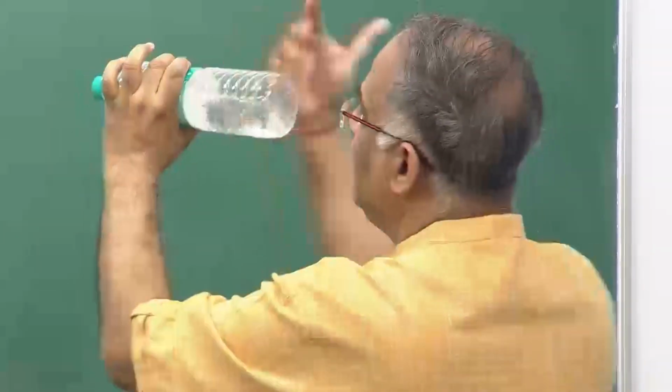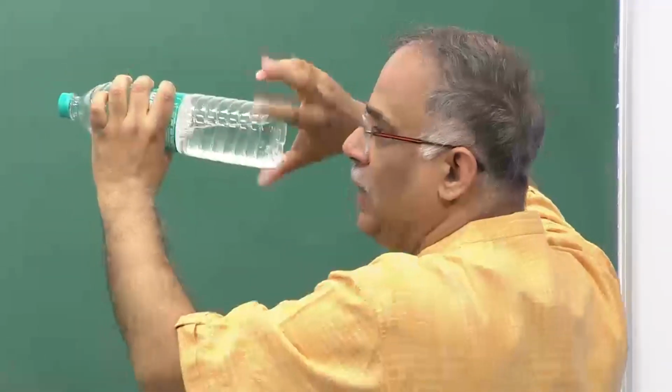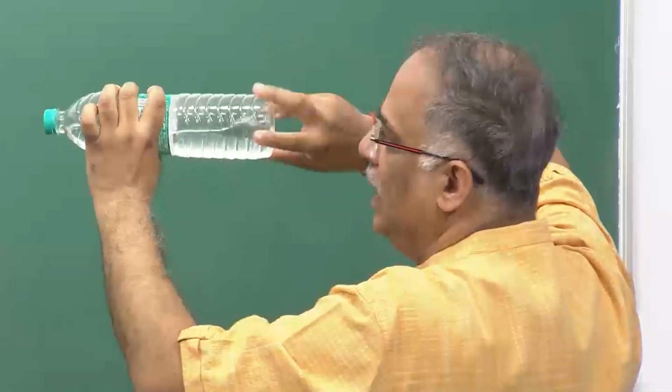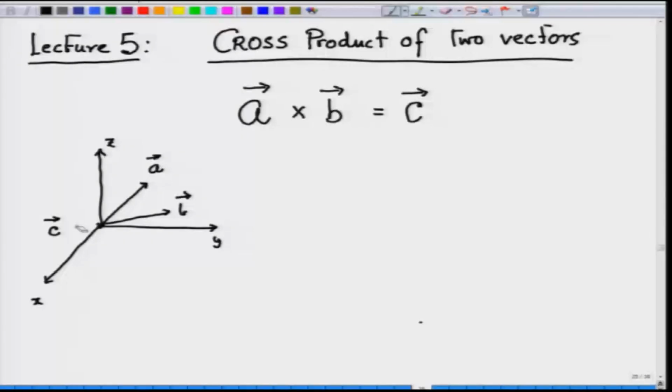So, if I was standing there, it would appear to me that I was turning it counterclockwise and it was going inside. In this case maybe I am a little mistaken. If I am moving from A to B, then from my side it would be going in the clockwise direction. So, C should be something like this.